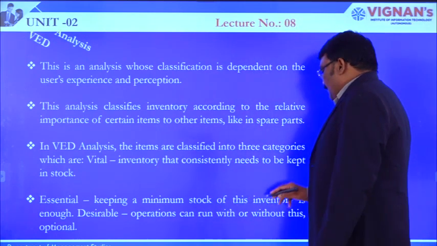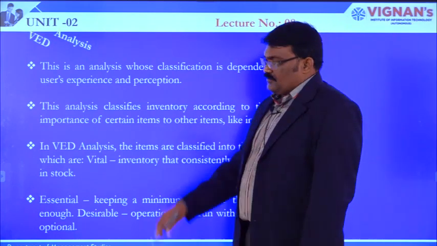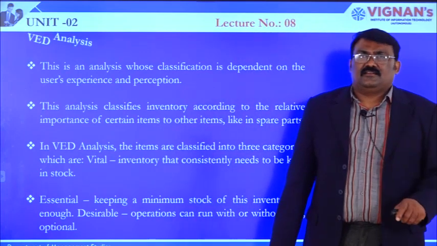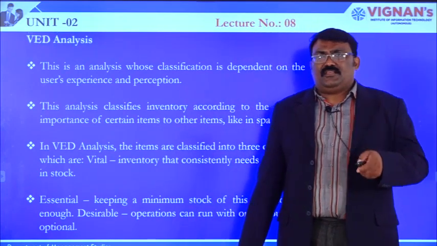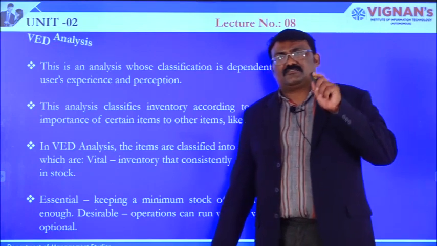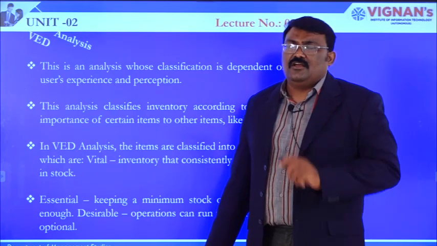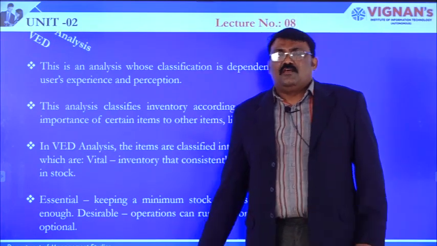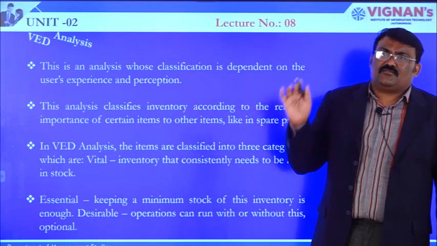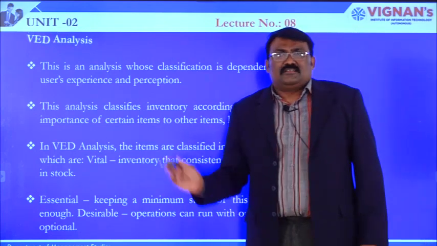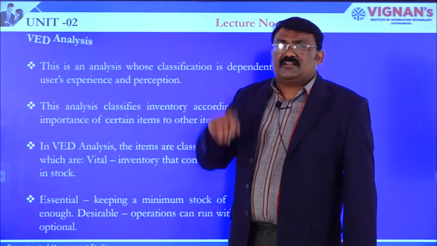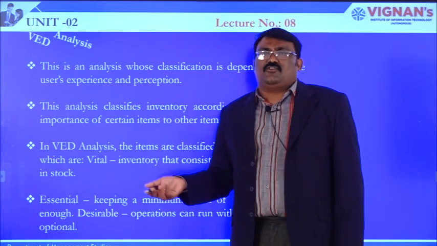Operations can run with or without this. That means we need it, but it need not be mandatory that the organization's operations will run only with that stock. Even without that raw material, we can use an alternative raw material to proceed with the operations.